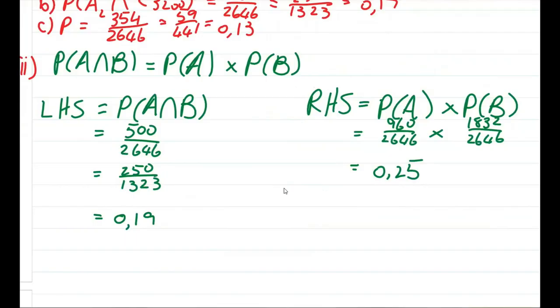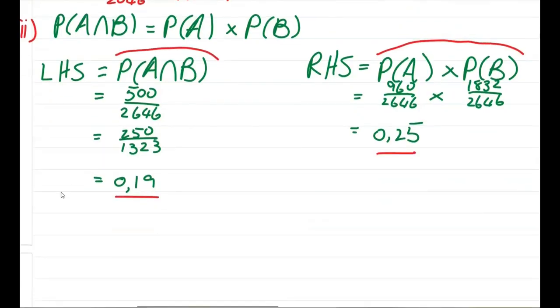Why yes? Because if you times them, it would give you the probability of A and B. Watch out. The probability of A and B here, we got 0.19, but here we got 0.25. So they are not equal. So what does that mean?